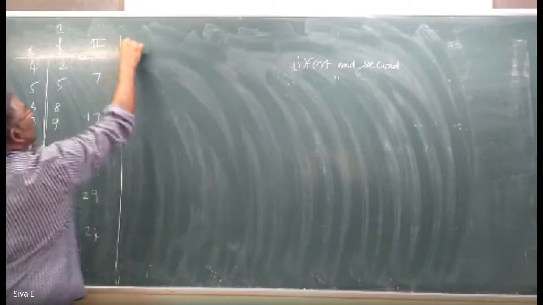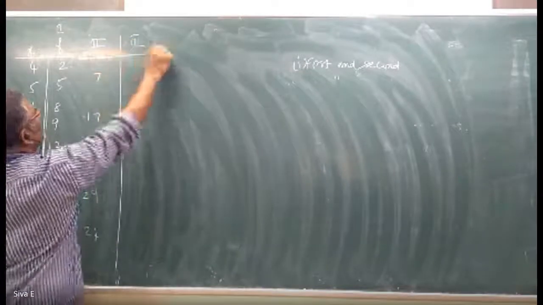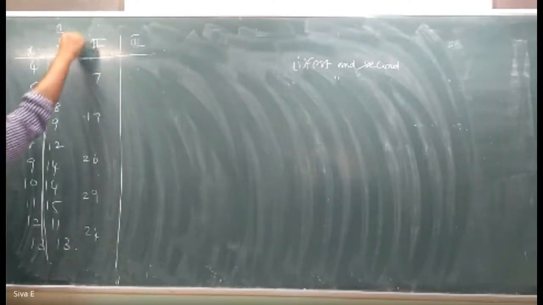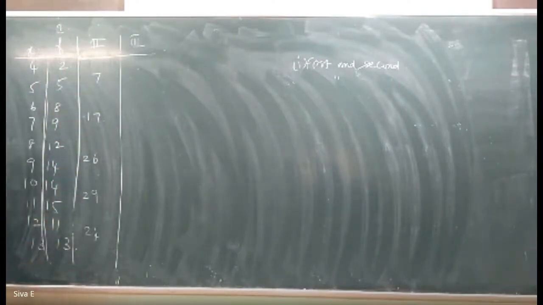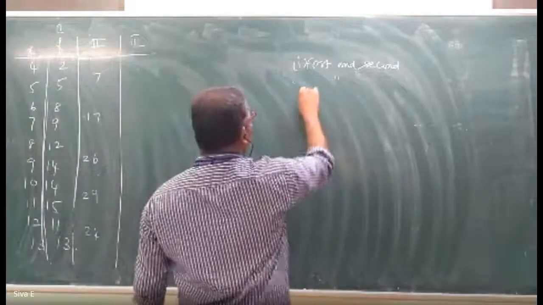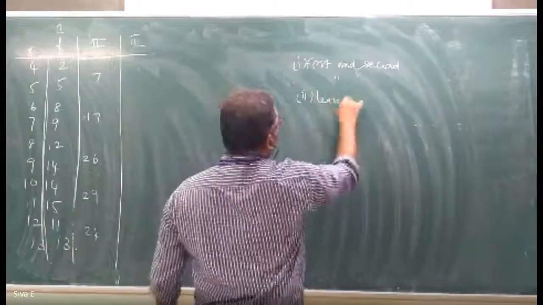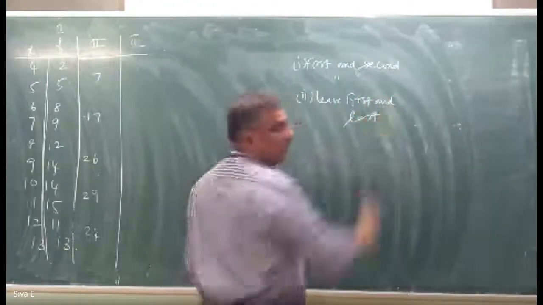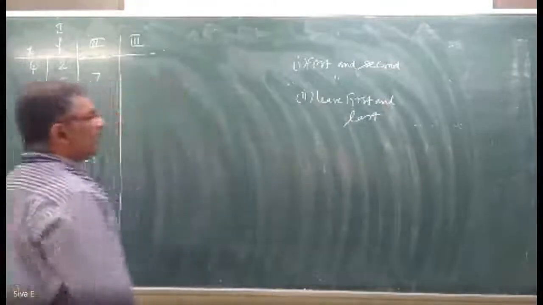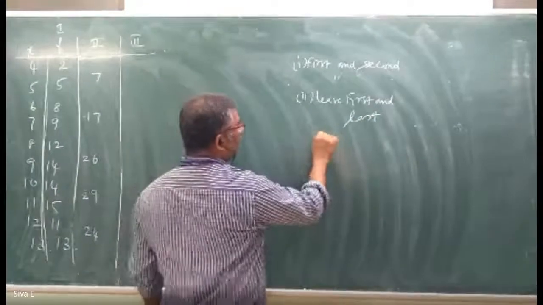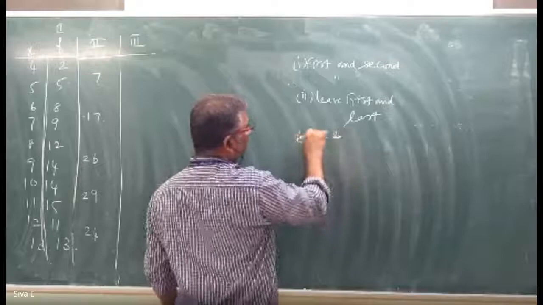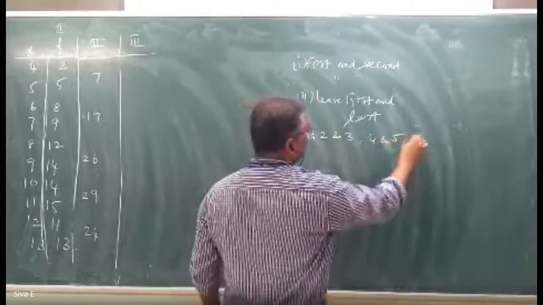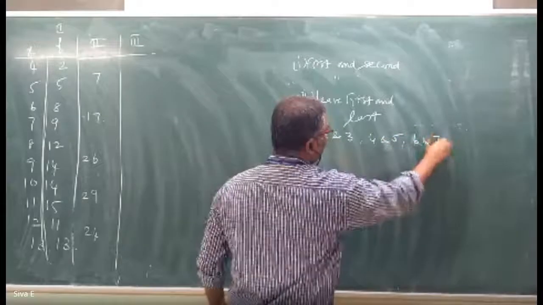Third one is to leave the first item and the last item. Then add second and third, fourth and fifth, sixth and seventh, etcetera.